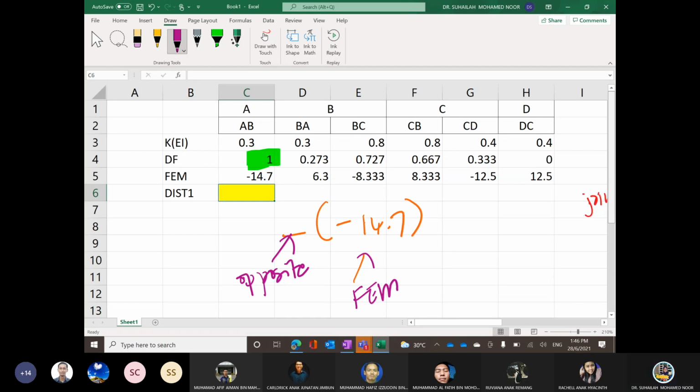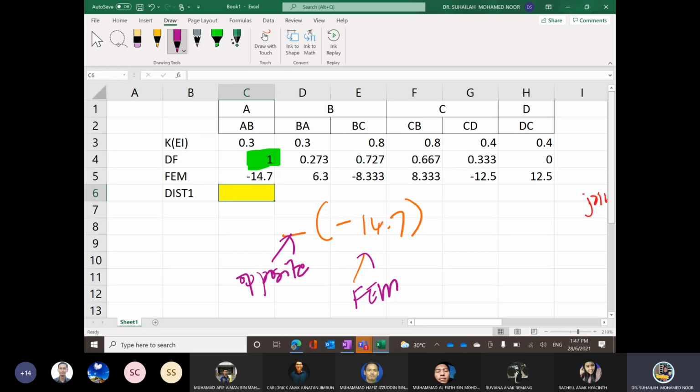Betul? I put negative outside the bracket to represent the opposite condition, which is referring to the joint moment. Okay, the FEM is negative 14.7.